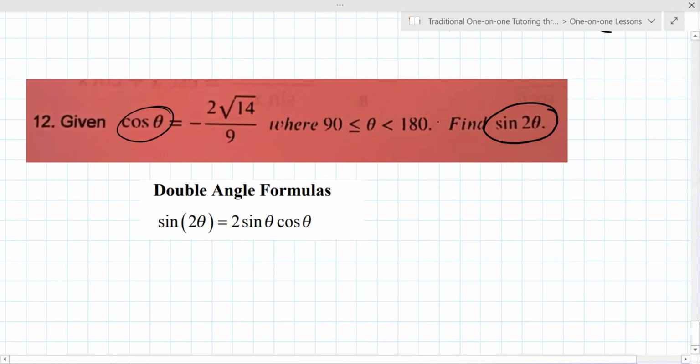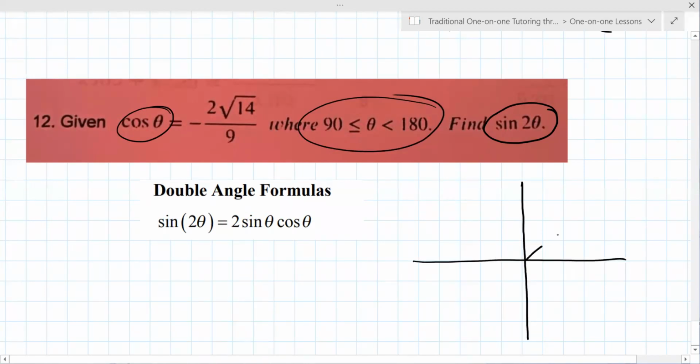So now what? Well, they're telling you that you're between 90 and 180. What I'm about to draw, I call the reference bow tie. There are actually 4 triangles you could draw depending on which quadrant you're in, and this is telling you you're in quadrant 2. So your triangle looks like that.